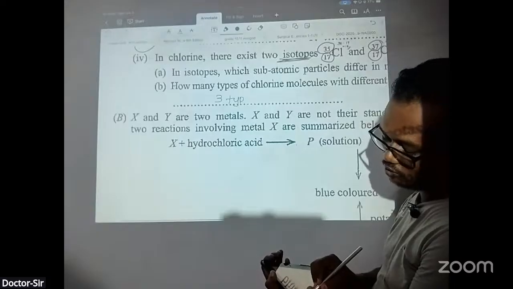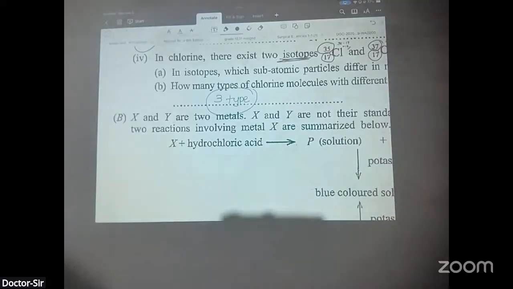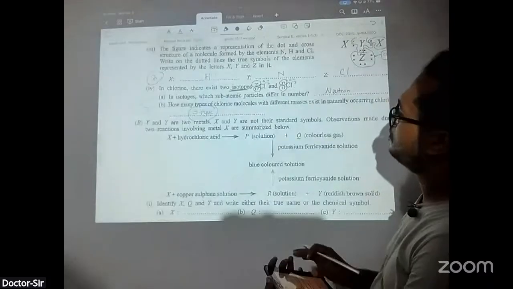Okay, I will show you what the types are. Three types. So you can score the marks here. So for the A part, 1 mark, and B part 1 mark. Okay. So you can put the marks as well. Then I will show what the isotopes of chlorine are.